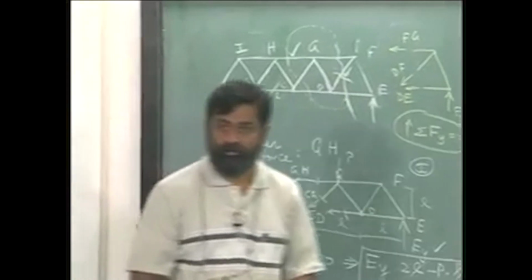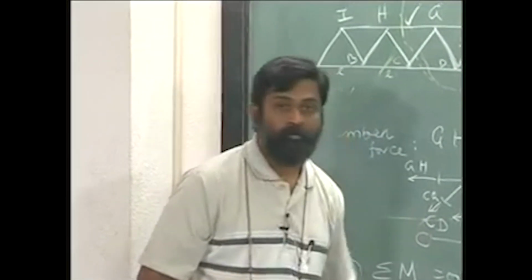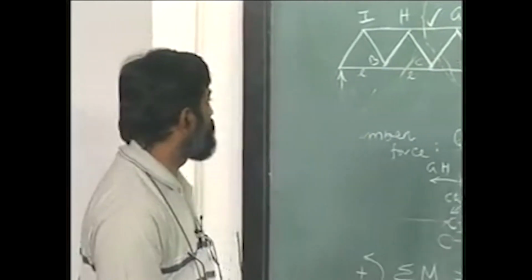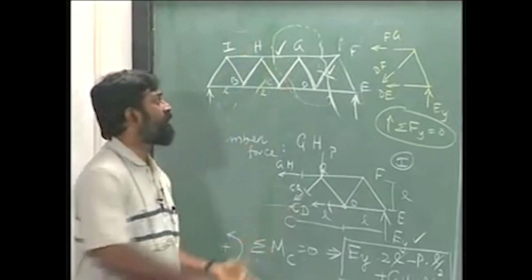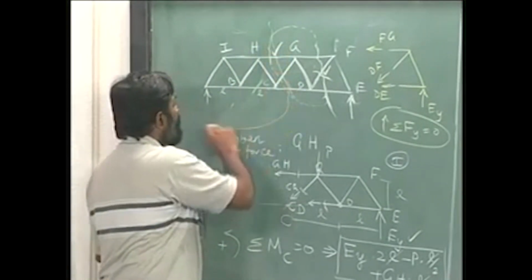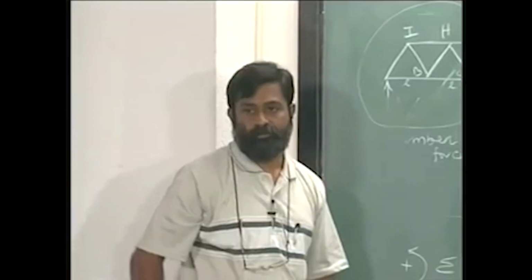That is how you can solve for member forces. In order to solve for GH, you have already done that. You will take a section like this and then solve for it. So you need to do two separate sectioning in order to solve for this problem.